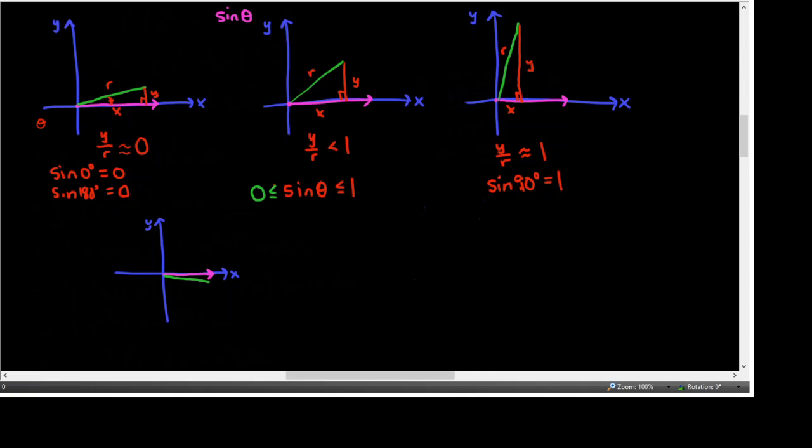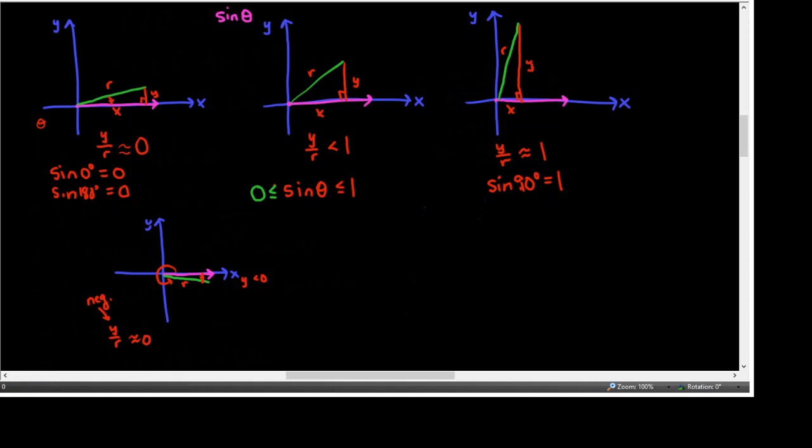Okay, so the angle I'm thinking of goes all the way around like that. So if I draw a point on the terminal side and draw that triangle in, y is tiny and negative, and r, of course, is positive. And so we're going to have y over r, where y is tiny compared to r, that's really close to 0, but negative.